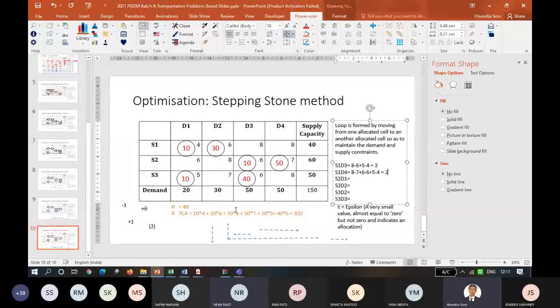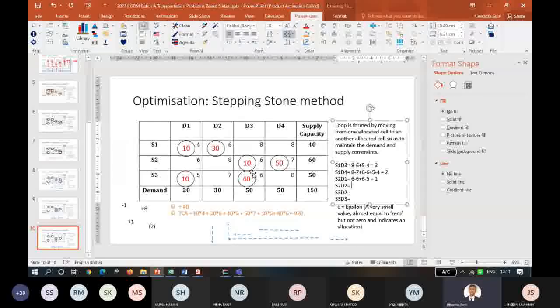Now going forward, the next would be S2D1. What will it be here? Plus, minus, plus, minus. So that means 6 minus 6 plus 6 minus 5. How much is it? 6 minus 6 is 0, plus 6 minus 5 is 1. S2D2, this one.